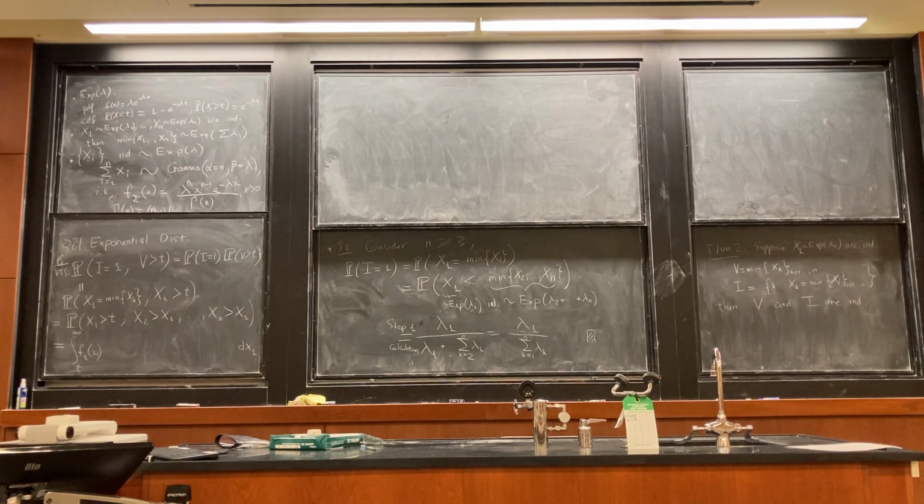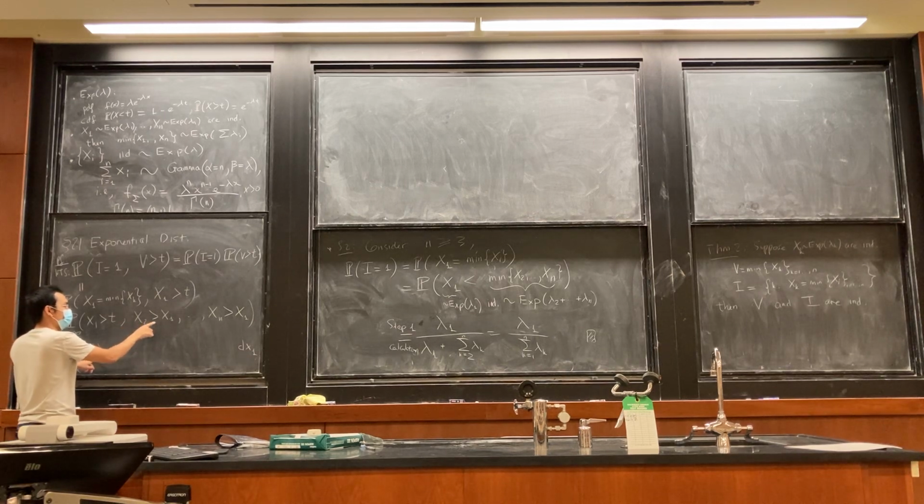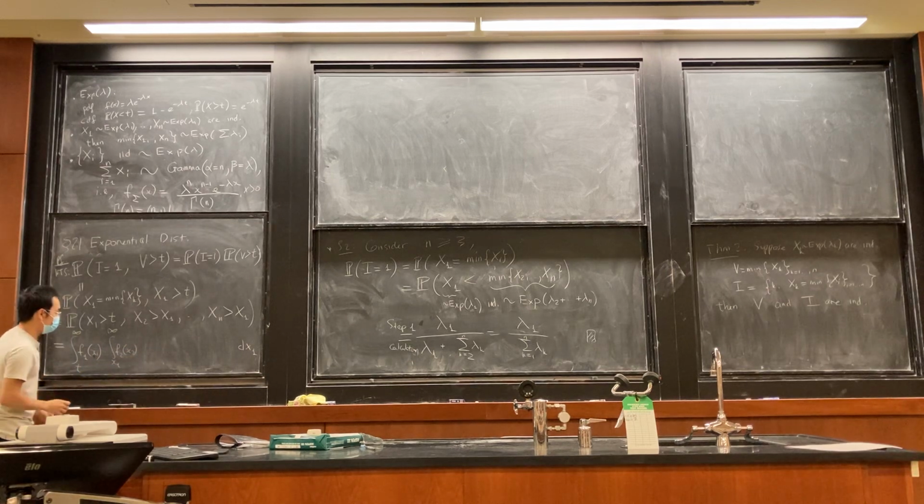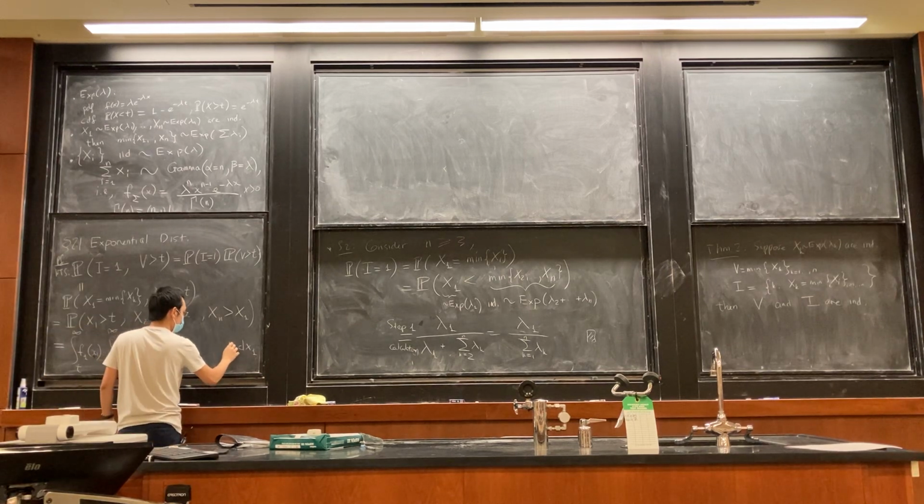And then for each of these little x1, x2 is supposed to be greater than that. So x2 is running from x1 up to infinity, f2 of x2, so I have the dx2 out.